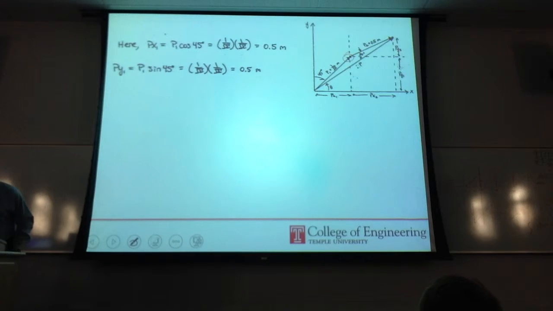So we've simply found this and this based on this, which is 1 over square root of 2. Can somebody tell me what is 1 over square root of 2 times 1 over square root of 2? Why is it equal to half? Because it becomes 1 over square root of 4. Square root of 4 is 2, so it's 1/2.